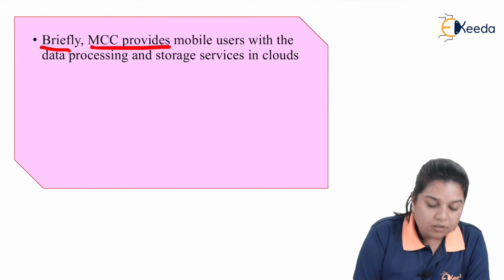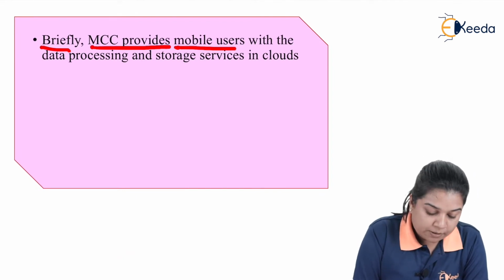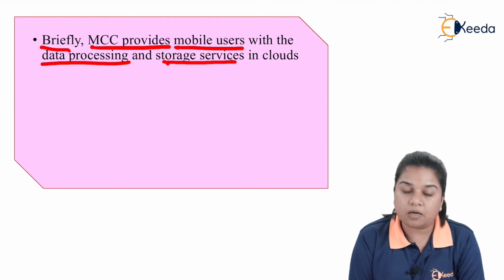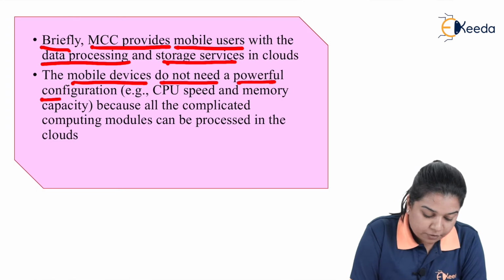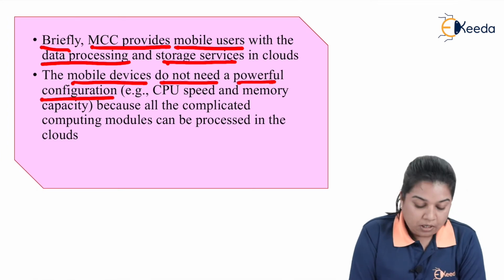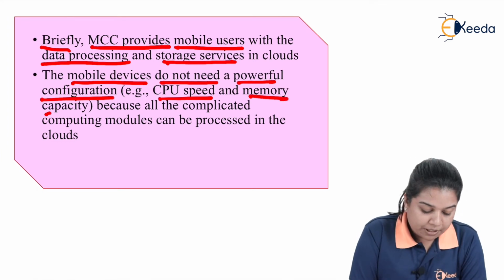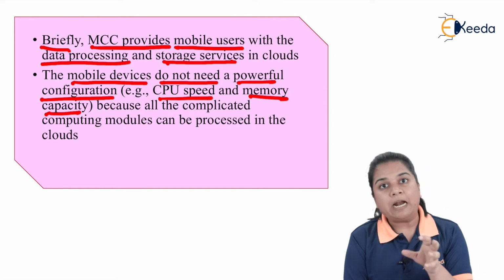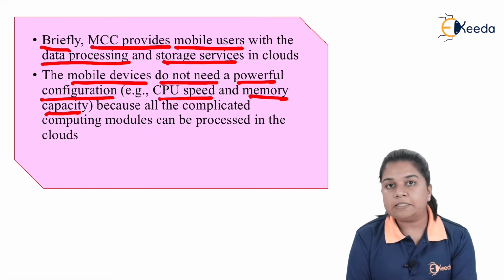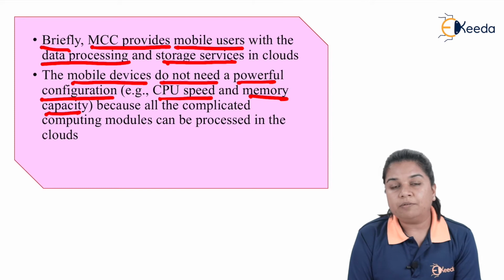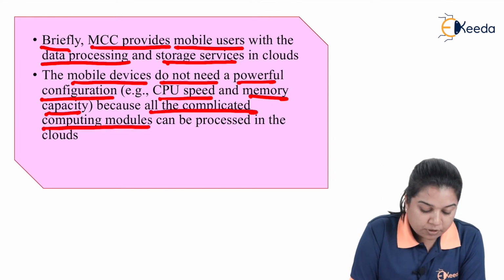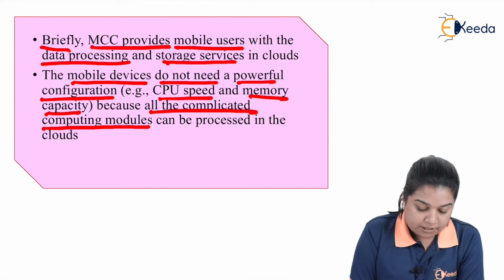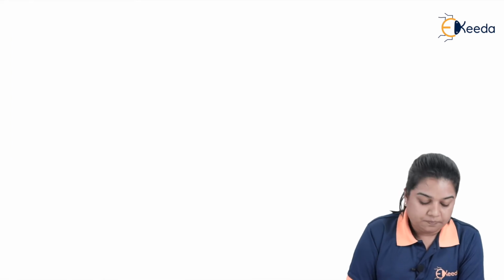Briefly, mobile cloud computing provides mobile users with data processing and storage services in the cloud. The mobile devices do not need a powerful configuration. For example, the CPU speed and memory capacity should not be that powerful as required in cloud computing devices or servers, because all the complicated computing modules can be processed in the clouds.